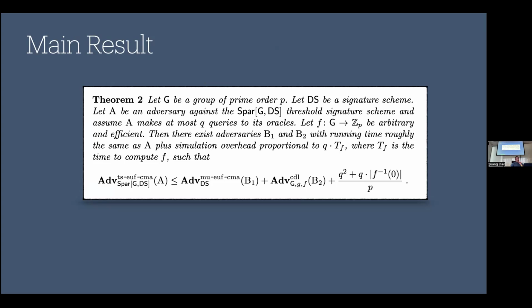The nice thing is that if you also use Schnorr as that signature scheme, Schnorr is tightly multi-user secure under CDL, so the whole thing is tightly secure under CDL.